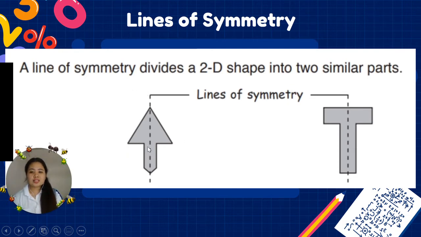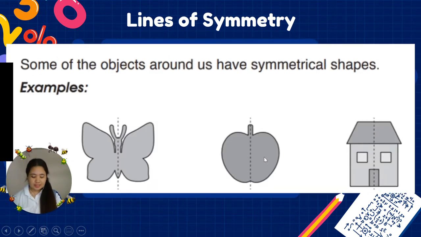How about the other side? This is also a line of symmetry. They have the same shape here and the same shape here, so they both have identical parts. Okay, very good. Now, let's go to the next slide.